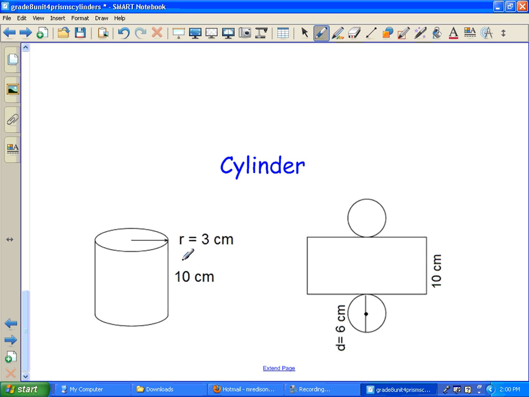In a cylinder it's a little different. You've got a circle on the top, and you've got another one on the bottom, unless it's hollow and there's nothing in there. But if you were to slice this open like a soup can label, it would fold out to become a rectangle. And of course, you do know that the height of your can is 10, so this is also the rectangle's height right there.